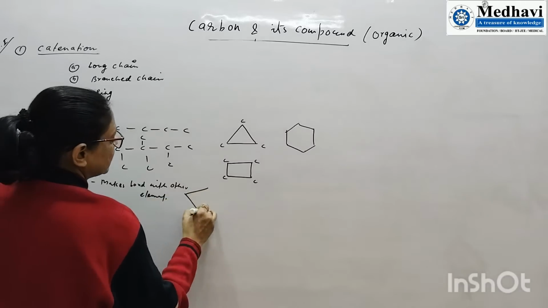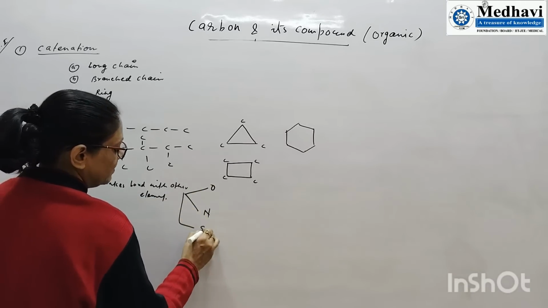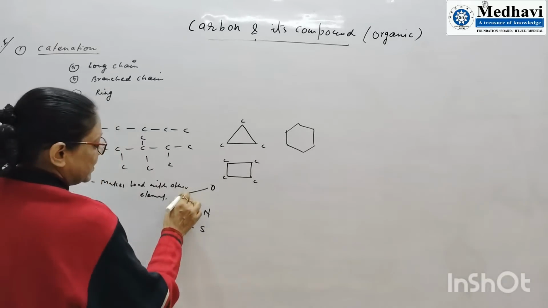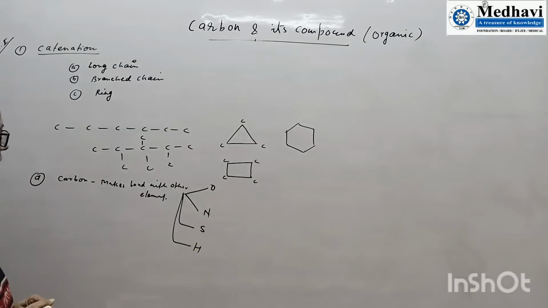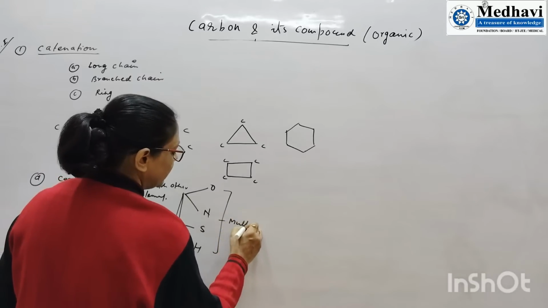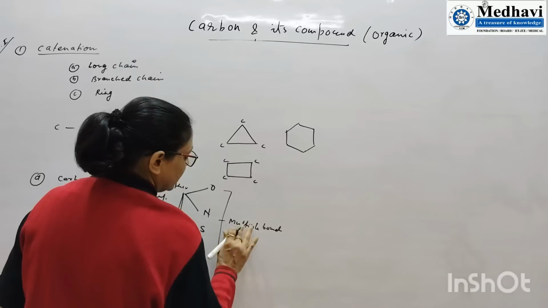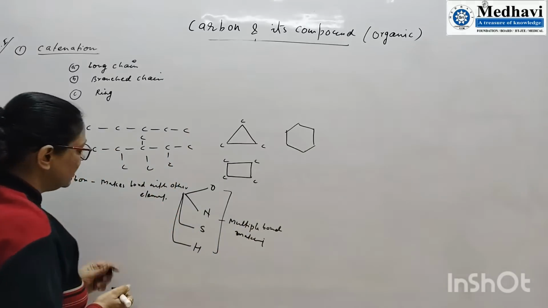Like it makes bonds with oxygen, nitrogen, sulfur, and hydrogen. This is called multiple bond making capacity. Very important. Not only with carbon, it can make bonds with other elements also.